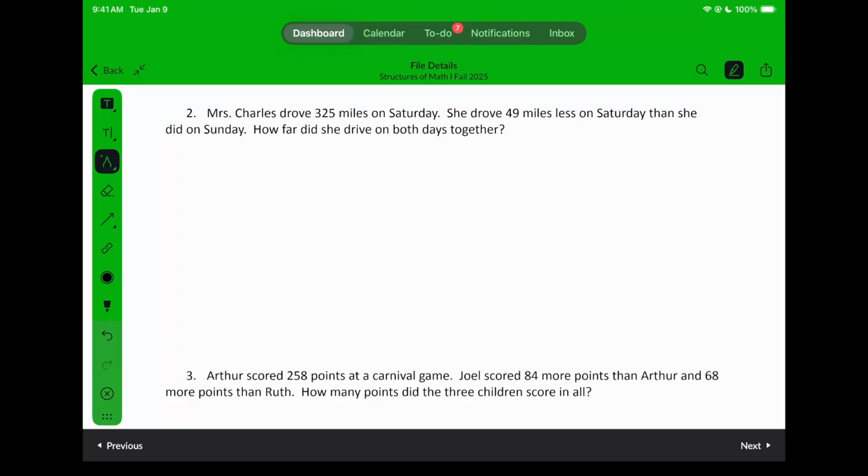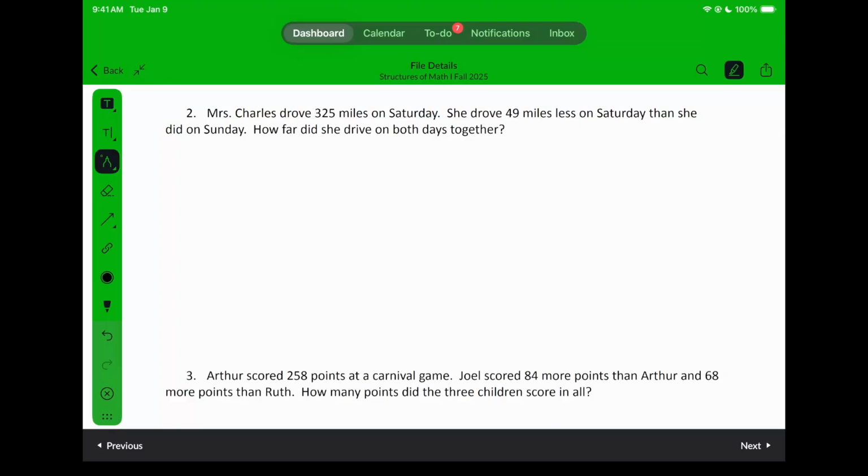So, reading the problem, she drove X amount of miles on Saturday. She drove less on Saturday than she did on Sunday. So we're comparing Saturday, Sunday. And then the question wants to know how far did she drive on both days together.